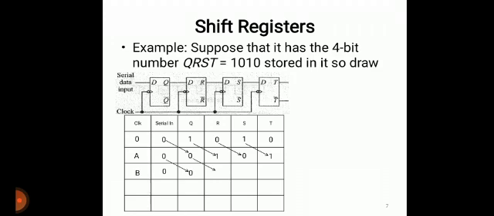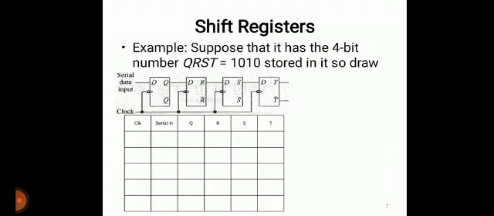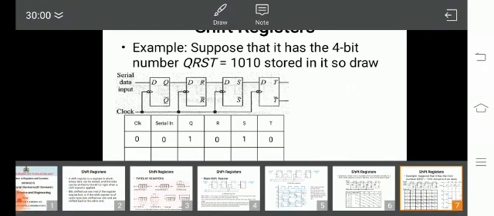So just take serial input as 0 and check the shifting operation which is taking place. So the previous data which I have will be shifted here. So this is how the shift takes place there.